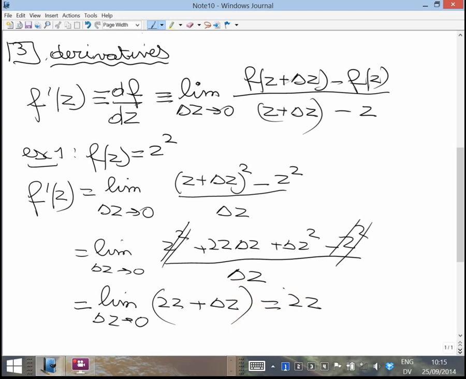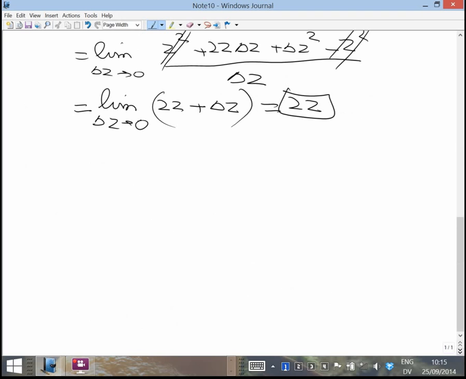And that obviously is 2z, which is exactly the same as you would have with the derivative of the function x squared giving 2x, which is logical because basically the only thing we did here is replacing x by z. So that's very logical, very satisfying, but it leaves you wondering what's really so special about this complex analysis. If it's only replacing x by z, who cares? What's really special here? Well, it turns out that it's a bit more involved than that.